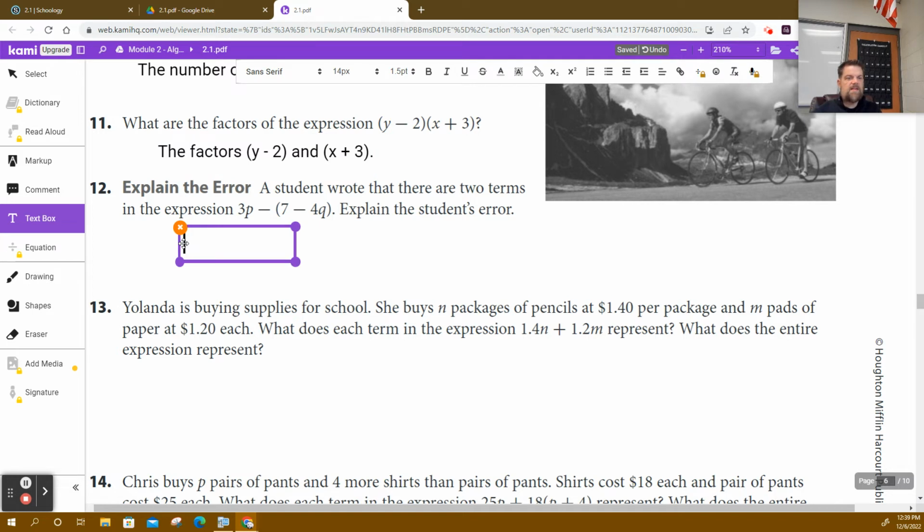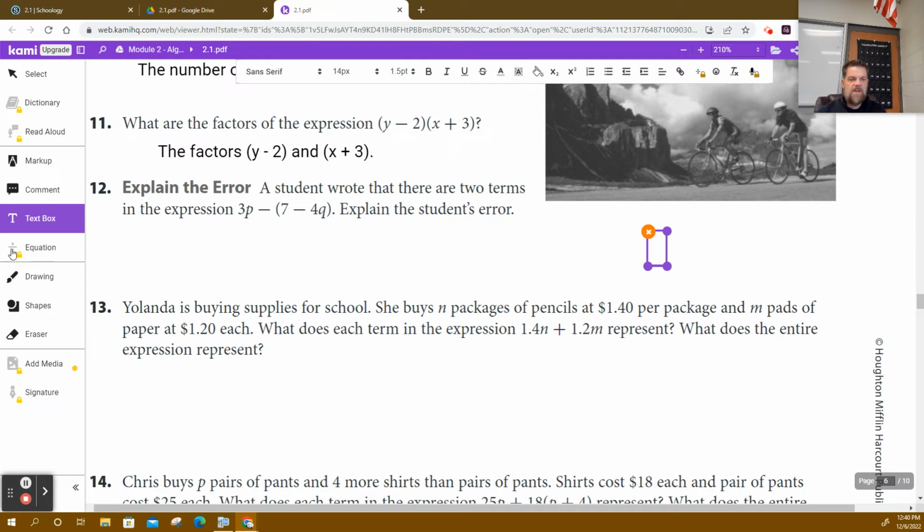It says, explain the error. A student wrote that there are 2 terms in the expression 3p minus 7 minus 4q. Now, why did she say 2 terms? Well, because they grouped them. So let's do the math.